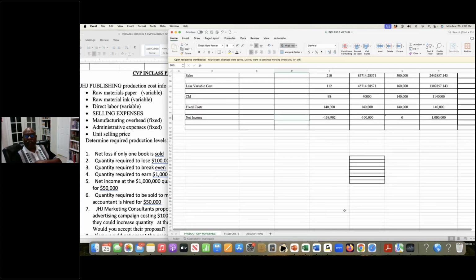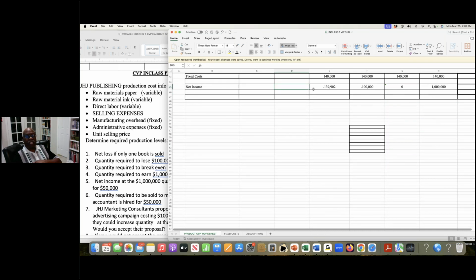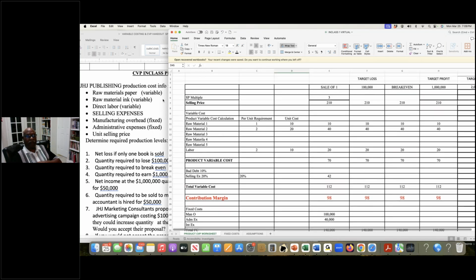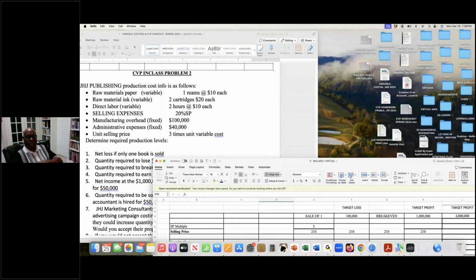And based on my formulas in there, it looks like it's gone and done the whole thing. Isn't that wonderful? Whole thing is done. So what does that mean?